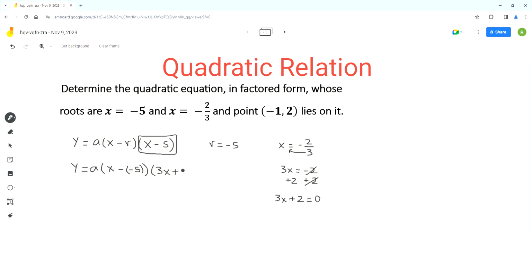There's a very important concept you need to understand and memorize for a fraction root. There are two negative signs with 5, so they combine into a positive sign. So we get y equals a and then parentheses x plus 5 times 3x plus 2.